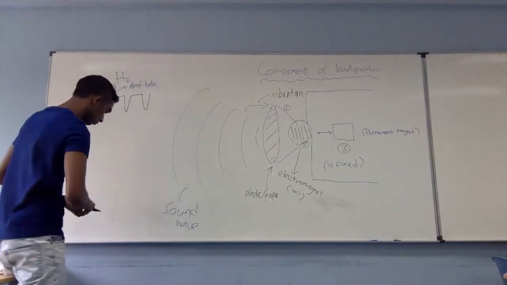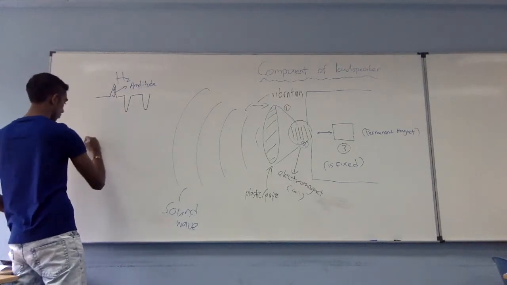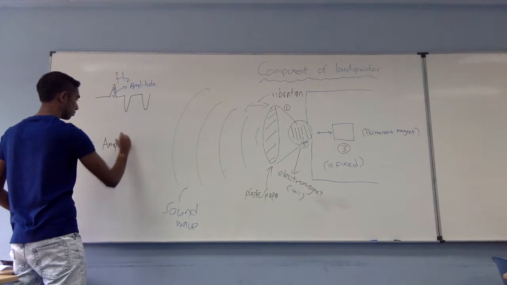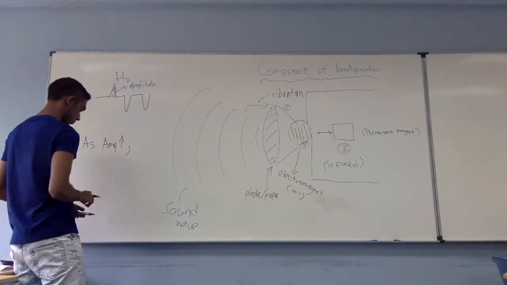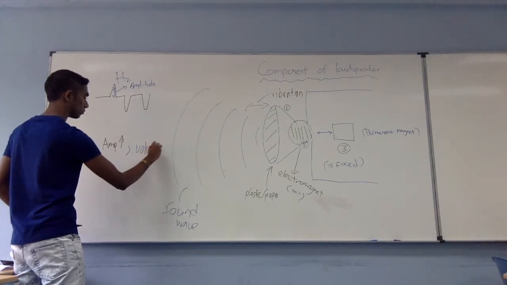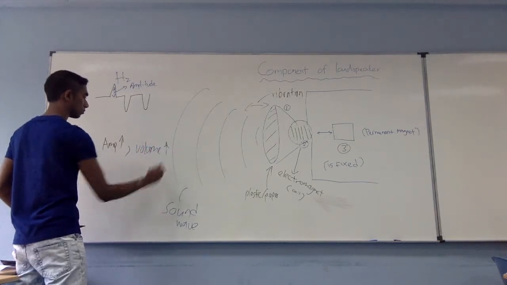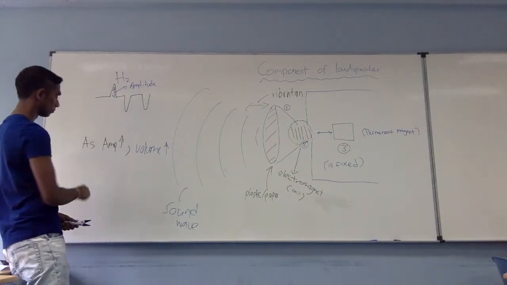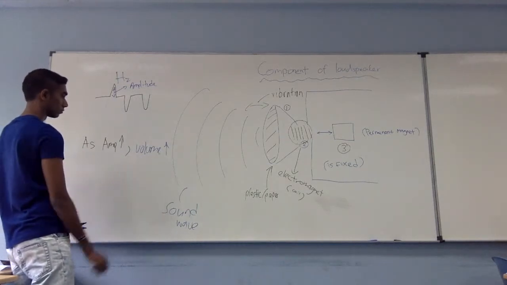So, when you turn your stereo up high, you will eventually be able to see the diaphragm covering the cone moving. In conclusion, as the amplitude increases, the volume increases, which is why you can hear it louder.